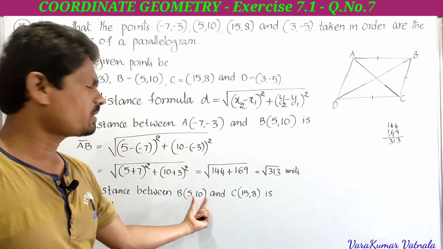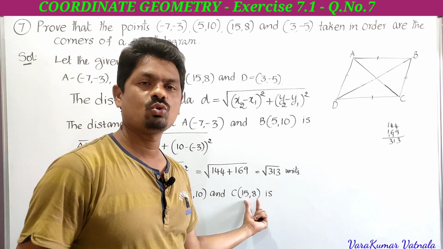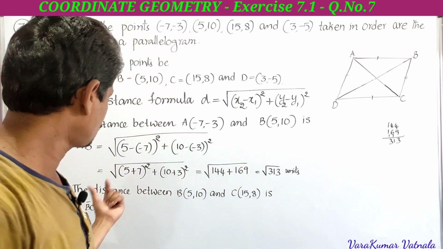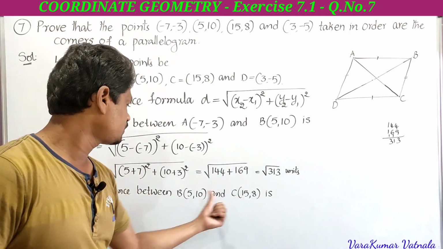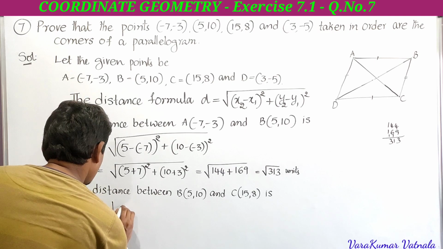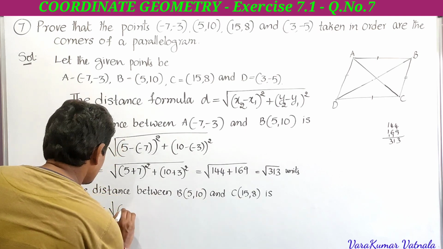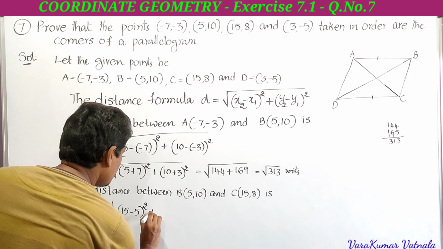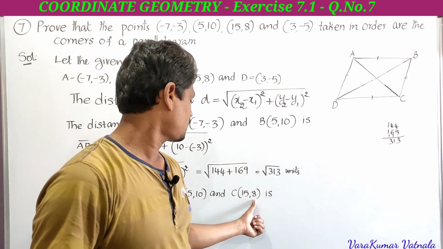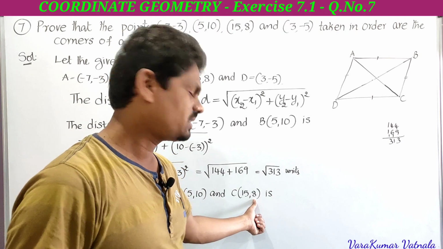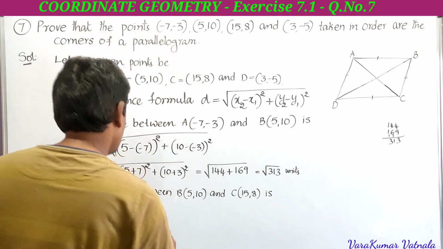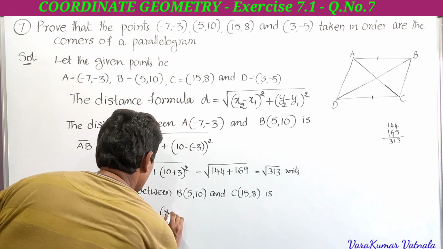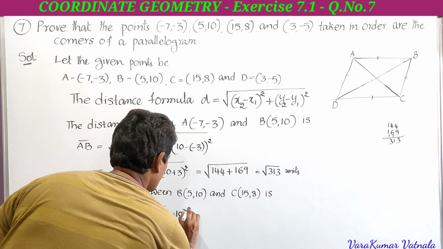Let it be x1, y1 and x2, y2. x2 is 15, x1 is 5, so 15 minus 5 whole square plus y2 minus y1 whole square. y2 is 8, y1 is 10, so 8 minus 10 whole square.